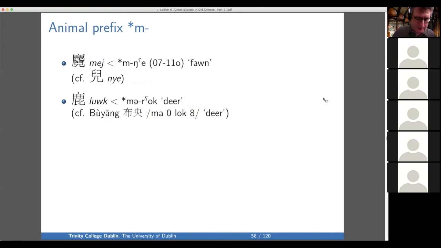And in the case of deer, there is evidence in Buyang, which I think is a Kra-Dai language, which seems to have borrowed the Chinese word for deer, and they borrowed it with an M prefix. So there's evidence for this M prefix in some animal names.